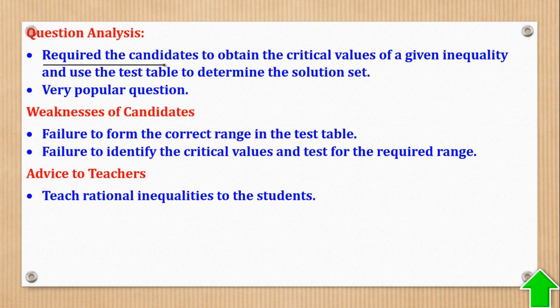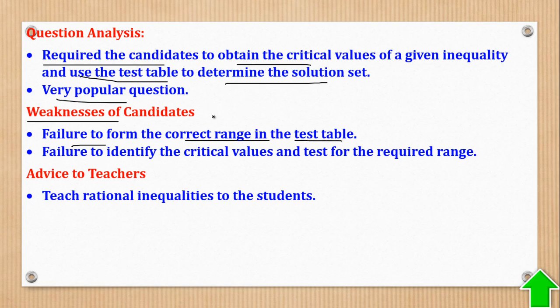This one required candidates to obtain the critical values of a given inequality and use them to test, and use the test table to determine the solution set. Very popular question. So inequalities is under algebra. Weakness of candidates: failure to form the correct range in the test table.